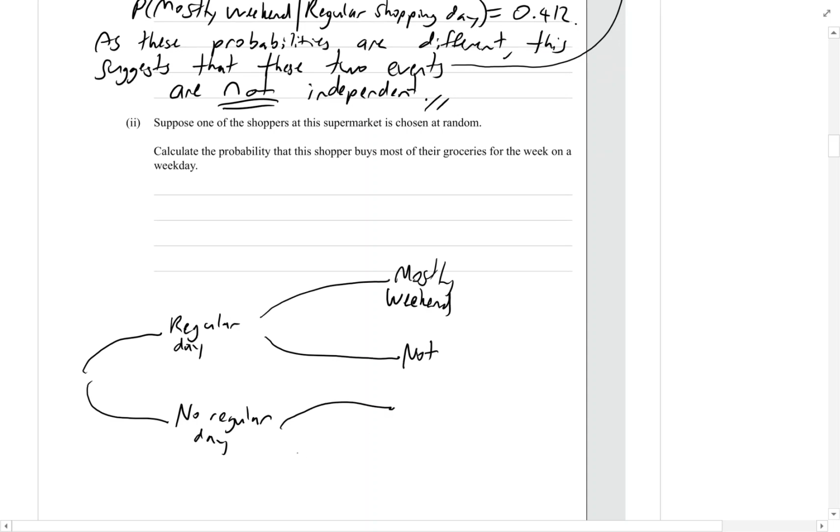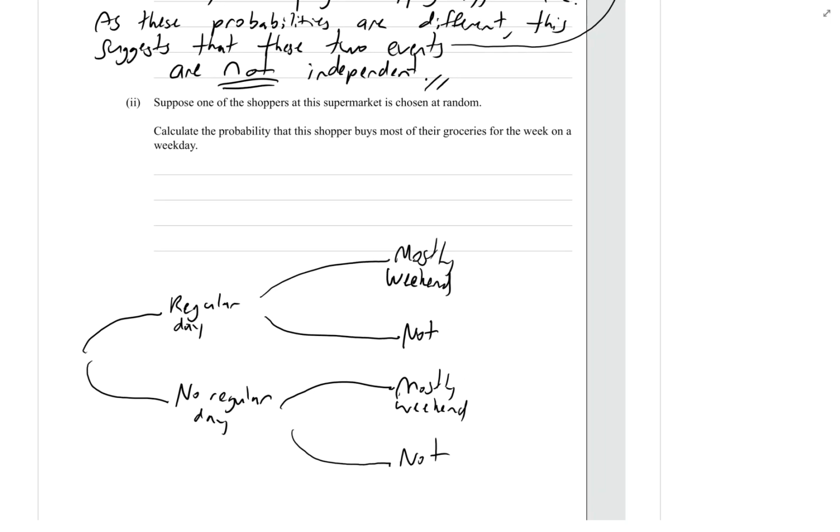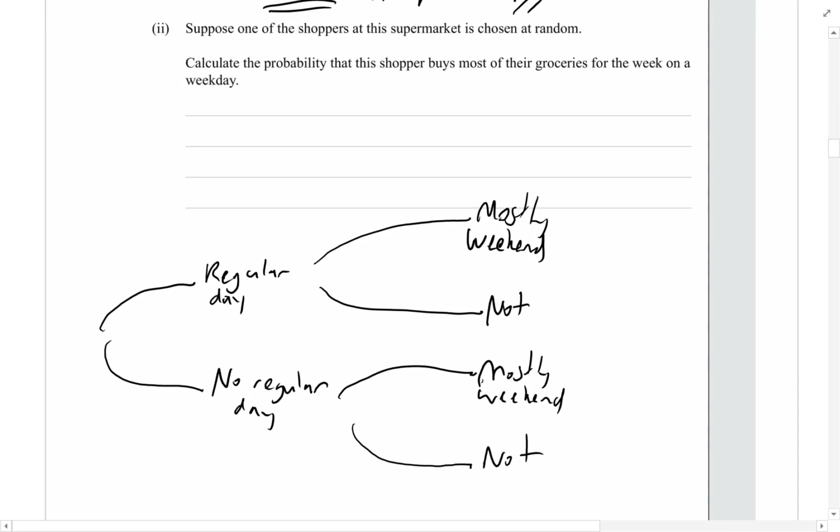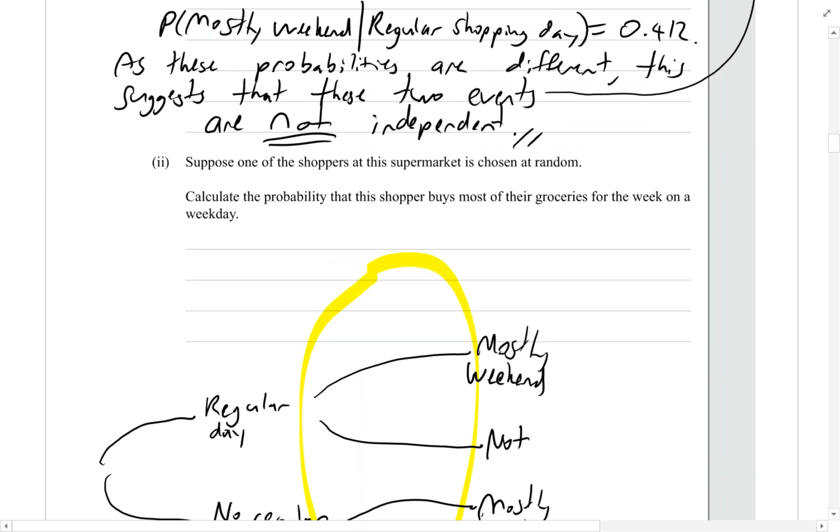And then again, amongst those with no regular shopping day, same categories, mostly weekend or not. Okay, in terms of getting these the right way around, if you try it both ways, you'll soon realise which is the correct way. And the key thing is that those conditional probabilities always go on the second set of branches. That's these ones here. And so that's how we know which way around it goes.